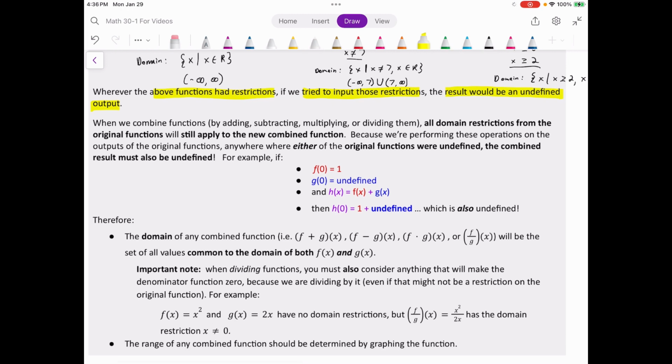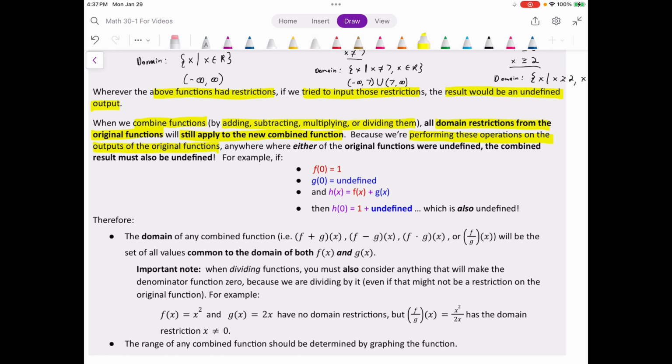Now, when we combine functions like we've been doing today, adding, subtracting, multiplying, dividing, okay, all domain restrictions from the original functions still apply to the new combined function, right? Because we're performing those operations on the outputs of the original function. Remember, that's what we're doing. We're putting those things into the function and then adding their outputs or subtracting their outputs or multiplying or dividing, right?